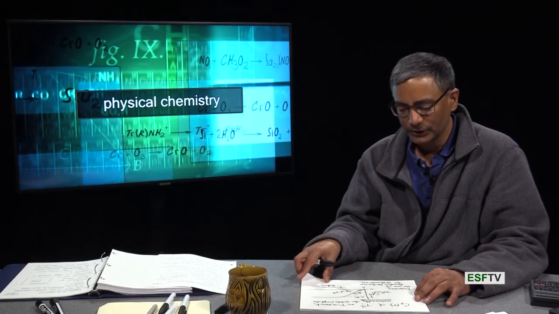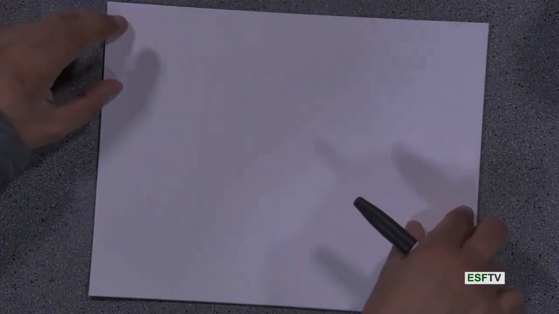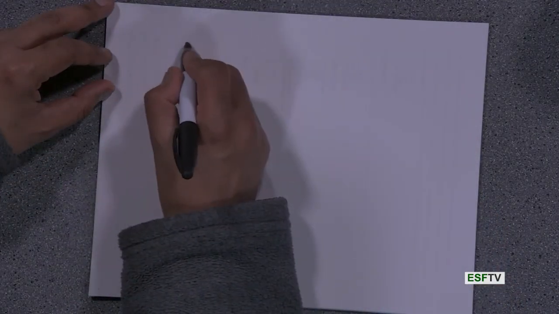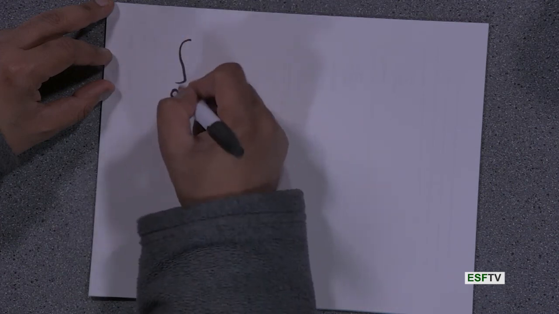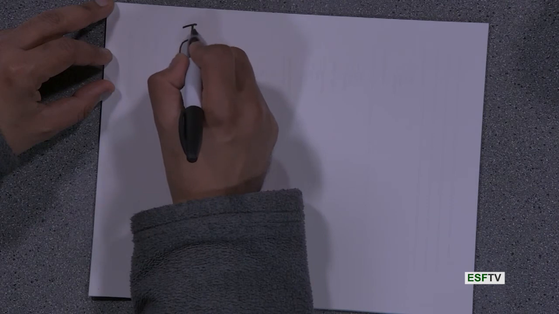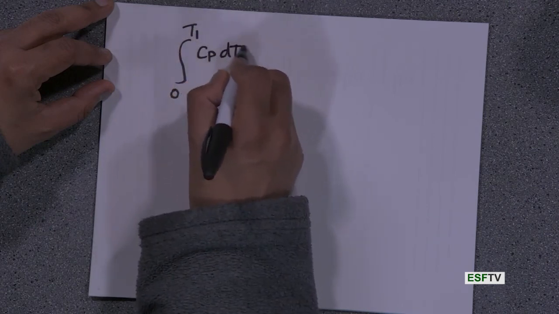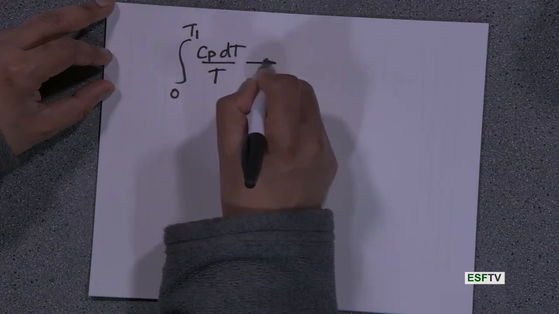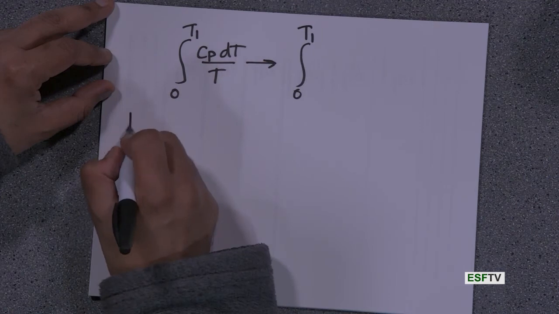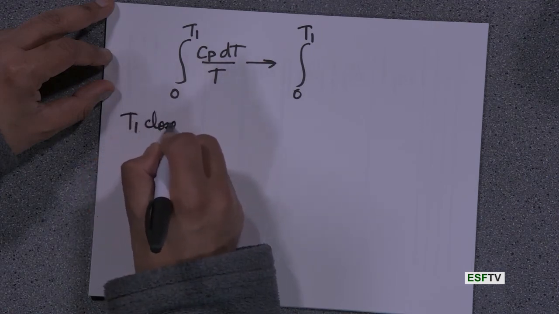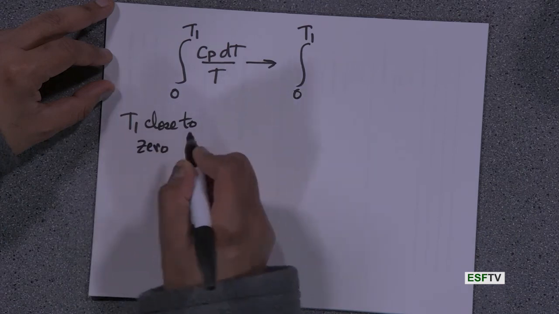But the entire picture is consistent because if the heat capacity decays as T cubed, what does the entropy behave like? From 0 Kelvin, I'll just put the lower limit here, call this T1, the integral of Cp dT over T. T1 is very close to absolute 0.